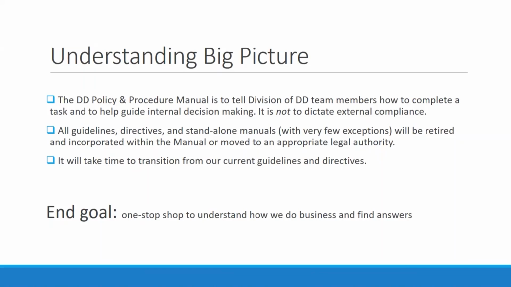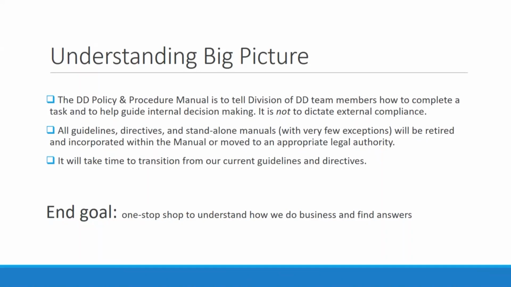Directives are going to be a little bit heavier lift. Those are ones that we have historically used to dictate some external compliance. So we'll have to be careful on how we're changing those into procedures and really consider whether those are covered elsewhere. What I've noticed with a lot of the directives is that we already have the legal authority.